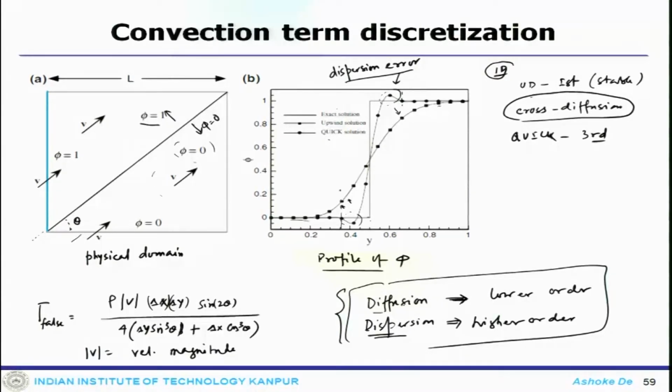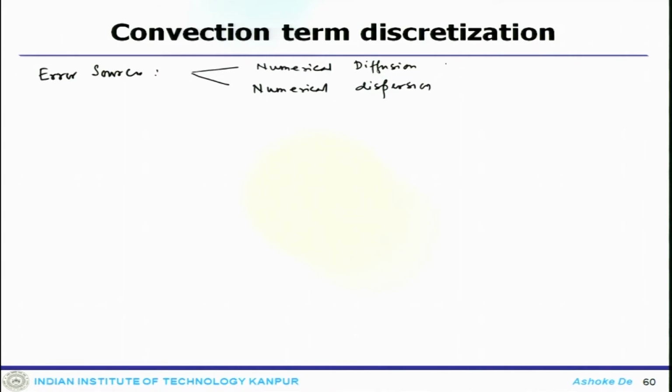Now, if you look at the error sources, these are the two primary sources. One is the numerical diffusion, the other case is the numerical dispersion. So, two sorts of errors.